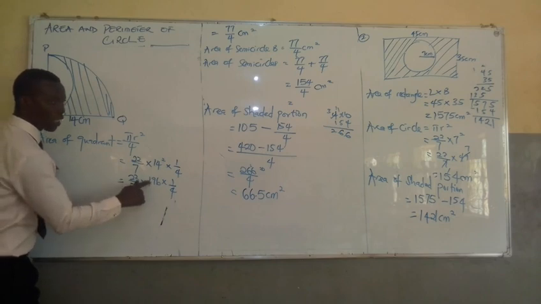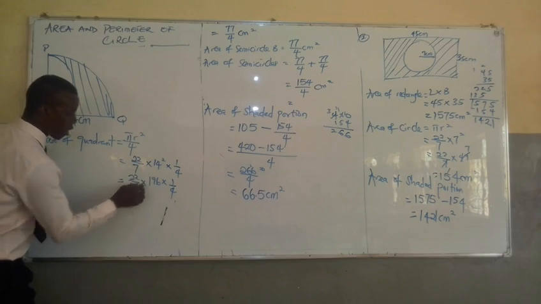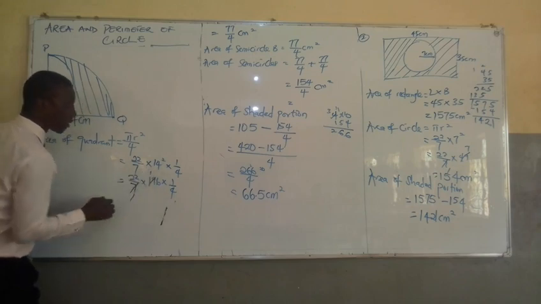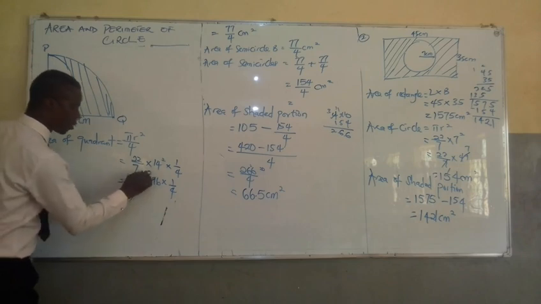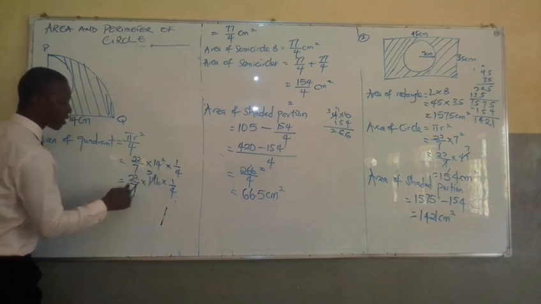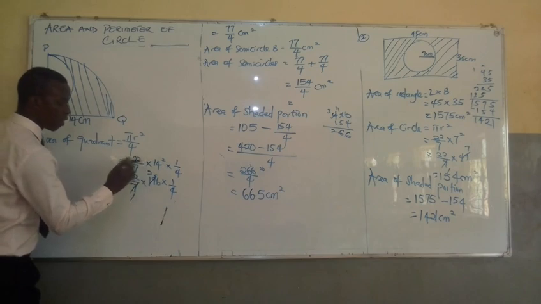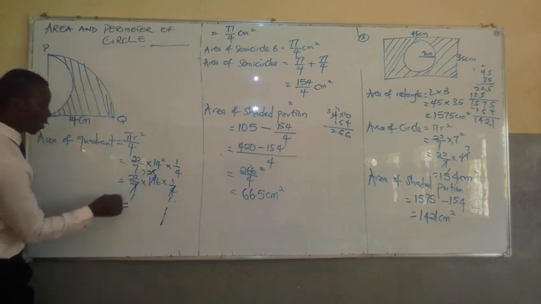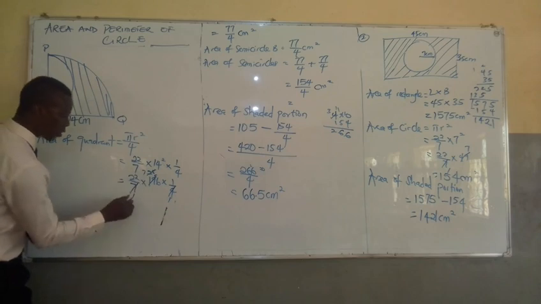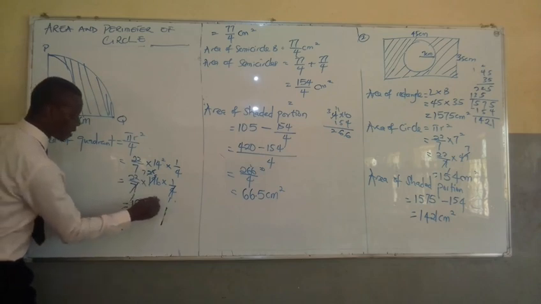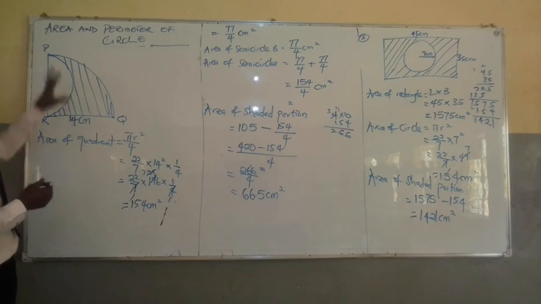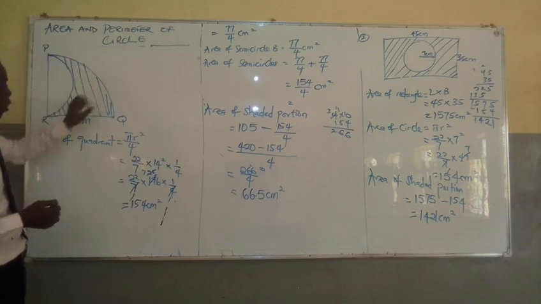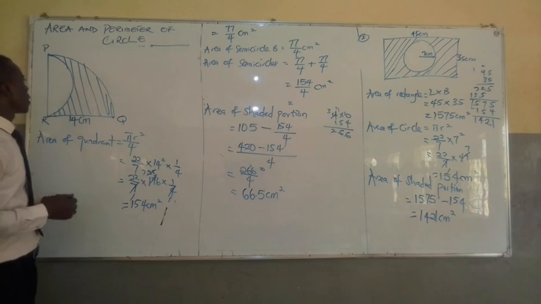Now 7 goes into 196, 28 times, and 4 goes into 28, 7 times. So at the end of the day, we have 22 times 7, that's 154 centimeter square. Now that's the area of the quadrant. The area of the quadrant is 154 centimeter square.